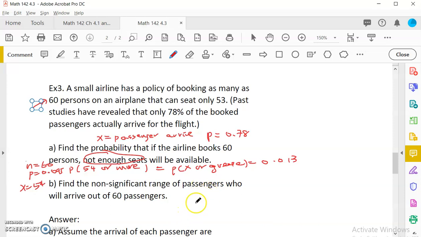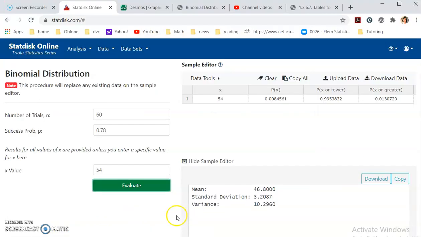Find the non-significant range of passengers who arrive. So if I have 53 seats, is it safe? What is the range of passengers that would arrive? I would need the mean, the standard deviation, and then build mu minus 2 sigma to mu plus 2 sigma, because these are generally fine.